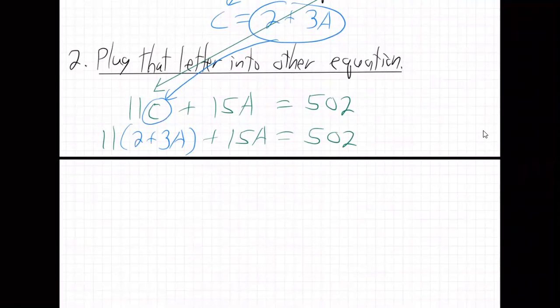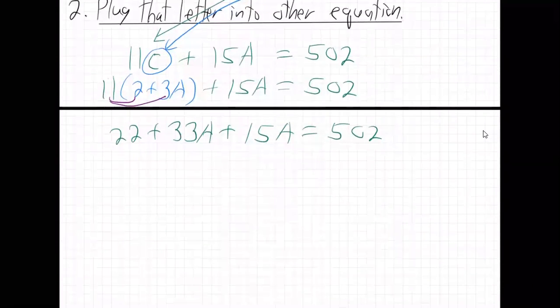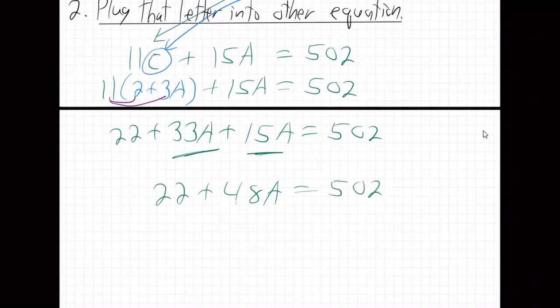Okay. And so now we're going to have to distribute. This 11 is going to go boom, boom, and multiply. And so what are we going to get? We're going to get 22 plus 33A plus 15A is 502. You can add these two together. What is that? 48A, bring down 22, like so.